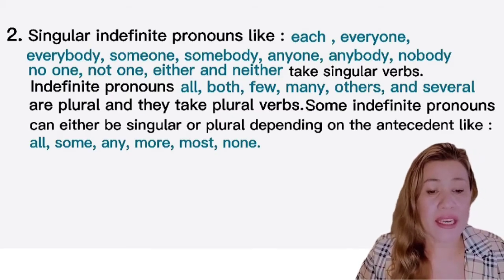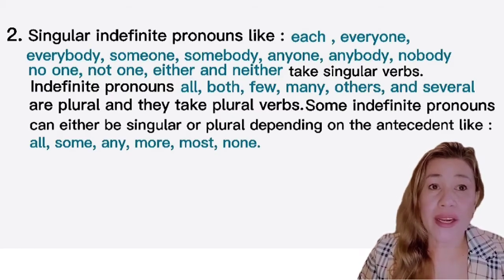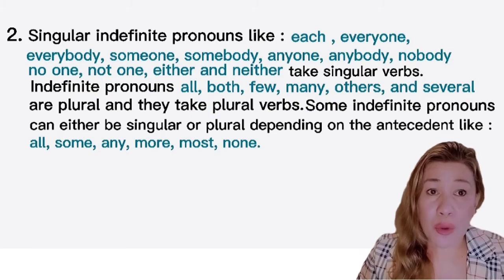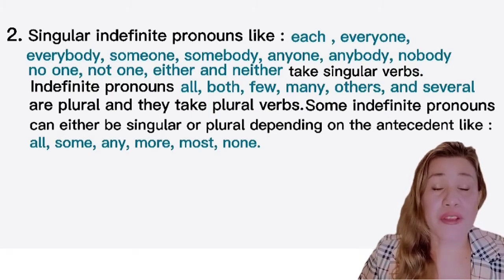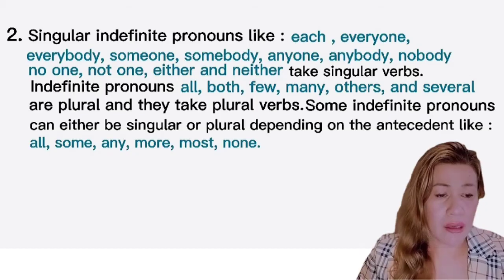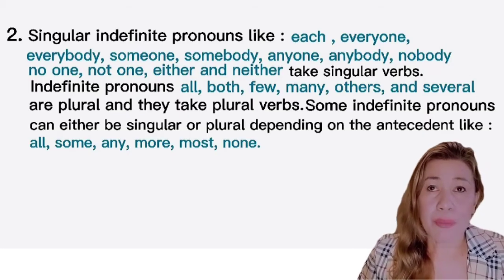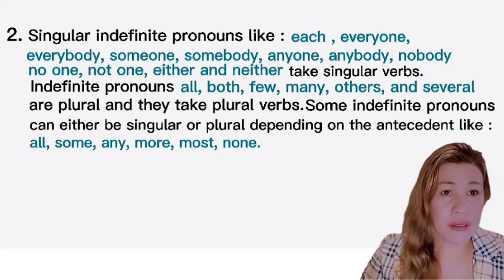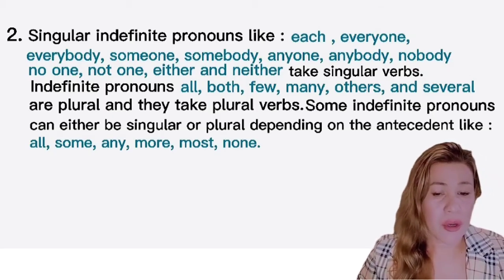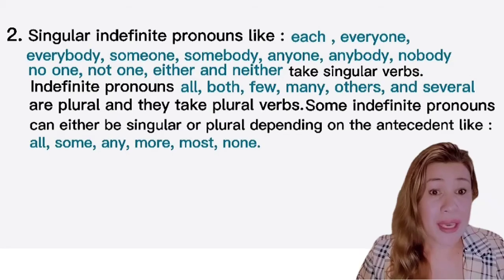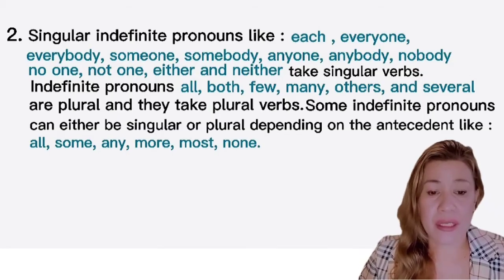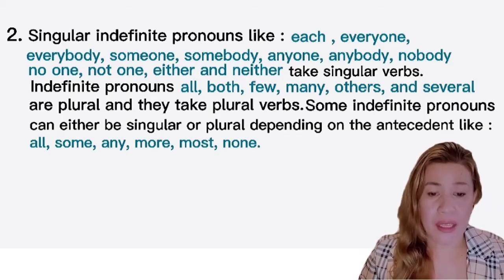They are called indefinite because we are not certain as to who is being referred to. Like when you say everyone, everyone could mean that person, this person, okay? So there is no exact reference. That's why we call it indefinite.